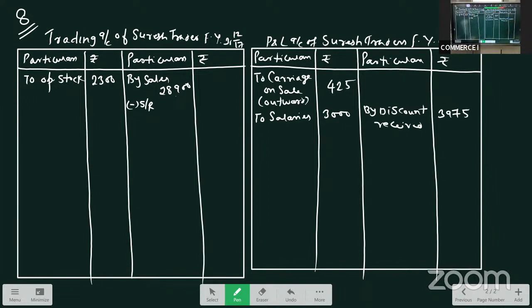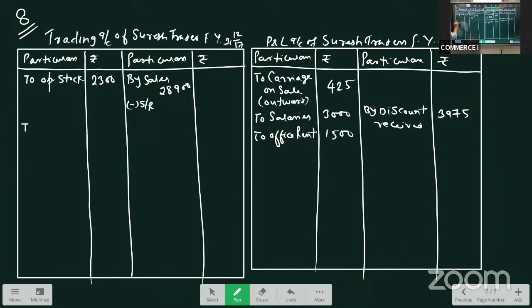Then office rent. Office rent is an office expense, debited to P&L account. How much? It is 1,500.